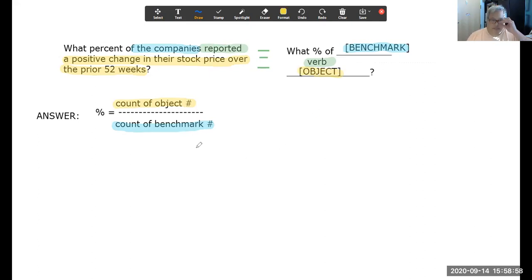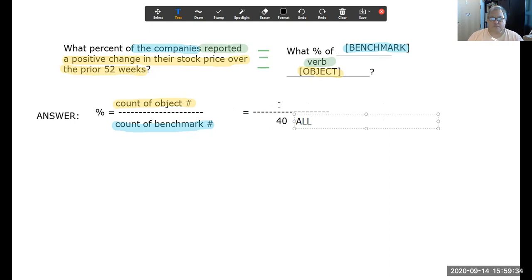So in this particular case, how do I find the answer to the question of what percent of the companies reported, in this context, a positive change over the last 52 weeks? The number on the bottom, because it is the companies and there's no qualifier to which companies we're talking about, will in my case be the 40, the total number of companies, all companies.